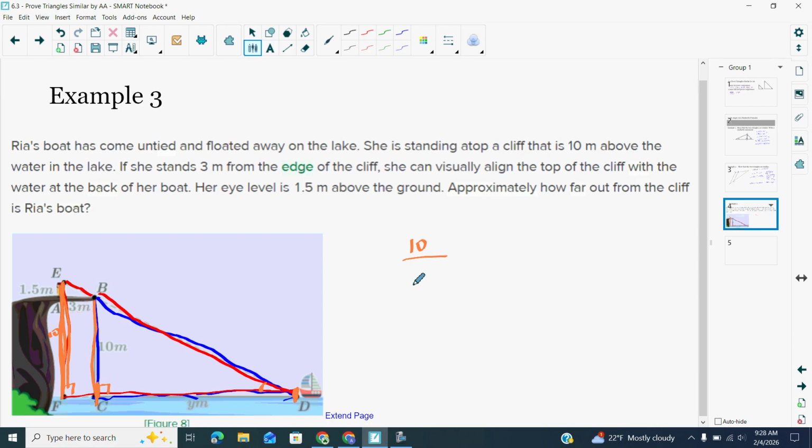This side's 11.5, is equal to this side right here, which is y, over the corresponding side, which is this bigger one. Notice that side is y plus 3 more.